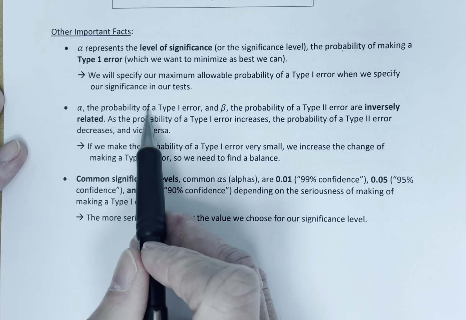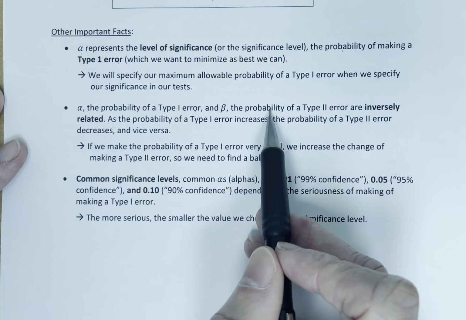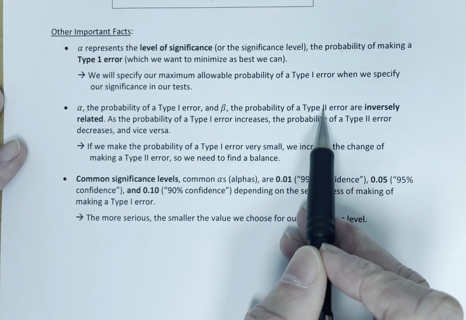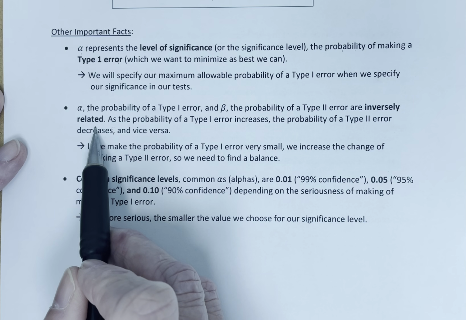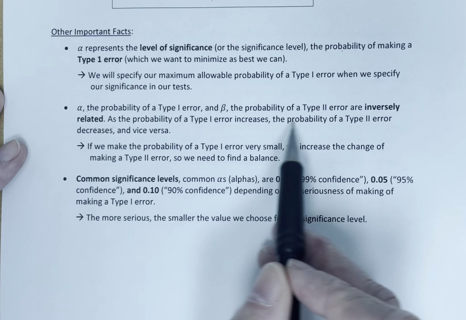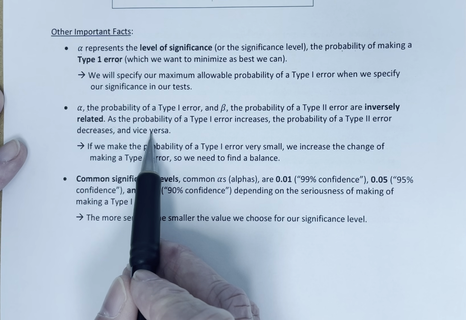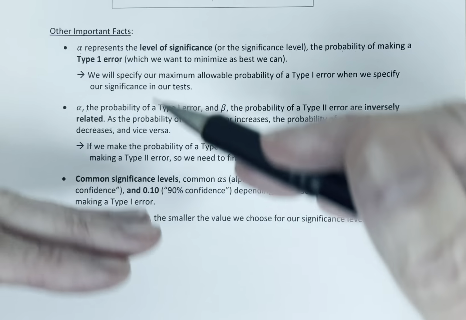Alpha, which again is the probability of making a type 1 error, and beta is the probability of making a type 2 error. Well, they're inversely related. As the probability of type 1 error goes up, the probability of a type 2 error goes down, and vice versa. So we have to have a balance here.